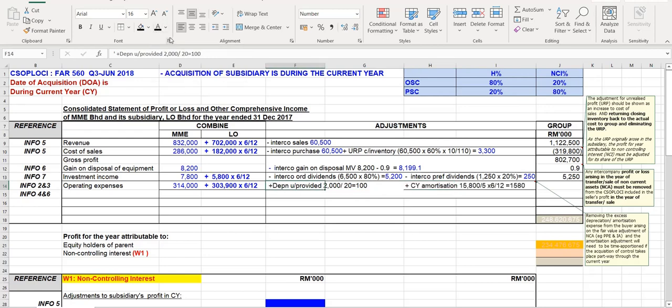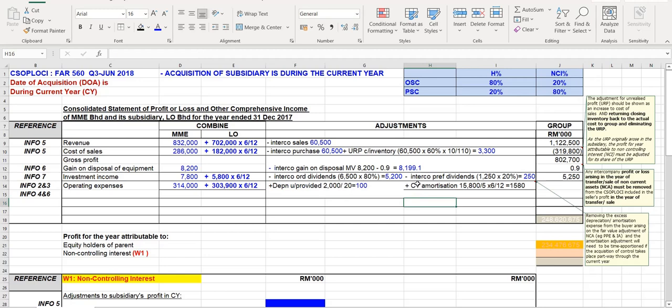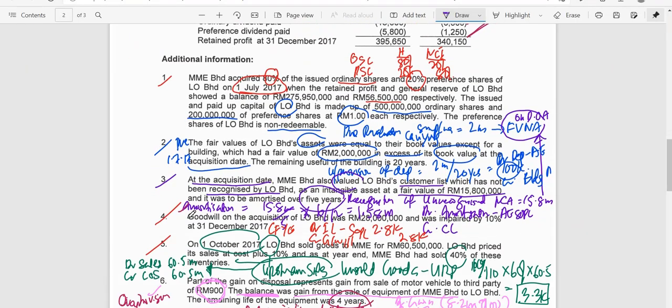The amortization here is the amortization of the customer lease that was being recognized. We have done that much earlier. If you check my first video, that was the one in number 3, and the amortization was 1.58 million.